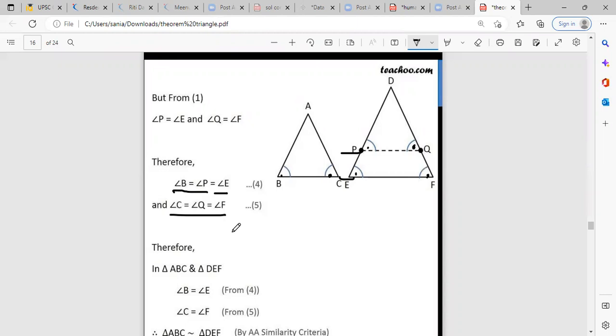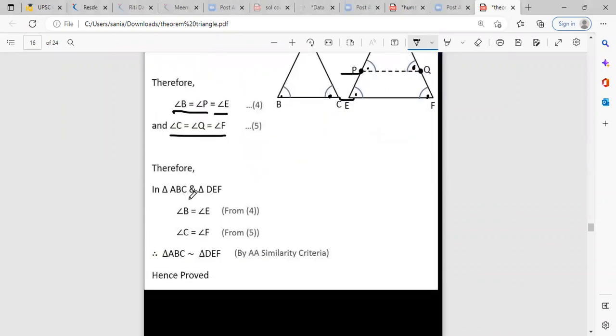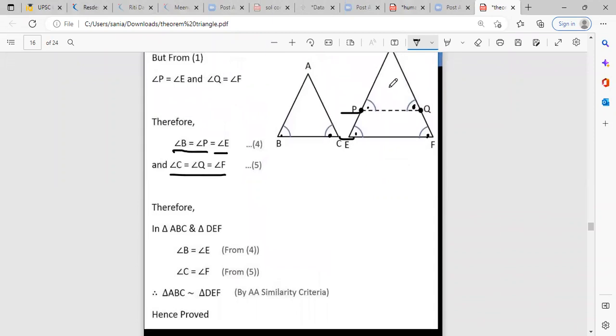Fifth, right? So now, in triangle ABC and the bigger one DEF, angle B is equal to angle E, right? Angle C is equal to angle F, right?